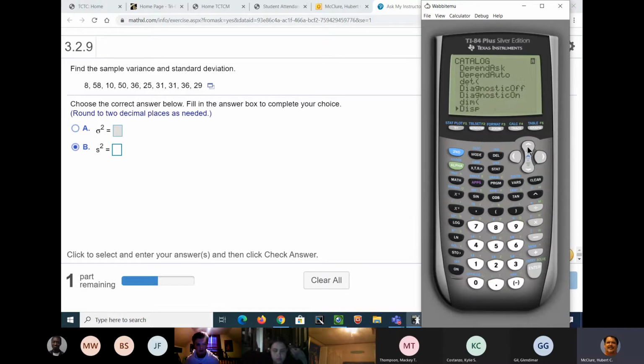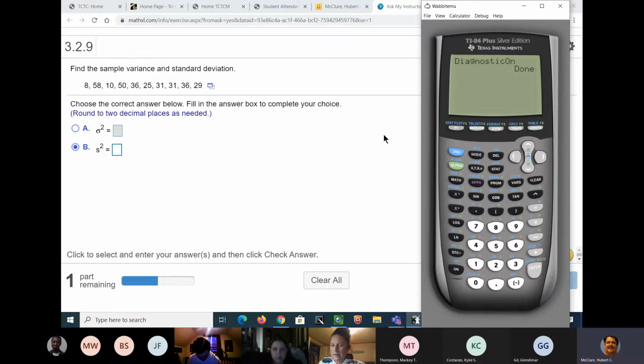And when you get to diagnostic on, I want you to put the arrow beside diagnostic on, and hit enter and hit enter again. Diagnostic On. You only have to do it one time on your calculator.